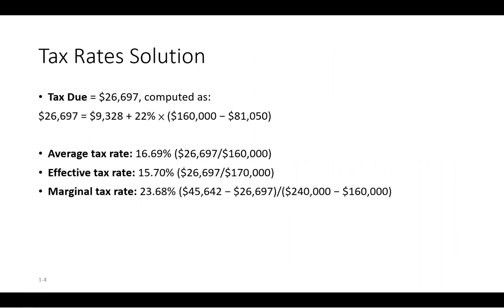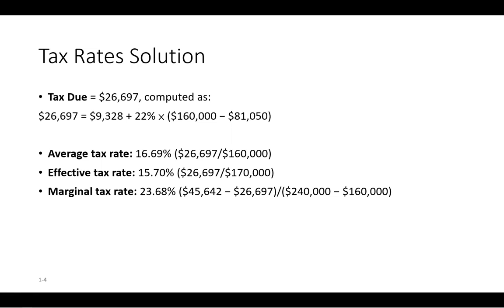So go back to the appendix. I told you to label it, to hold on to it, mark it. If they received an additional $80,000 of taxable income, now their taxable income would be $240,000. The first thing you do is determine the income tax on $240,000. So let's go back to our schedule.